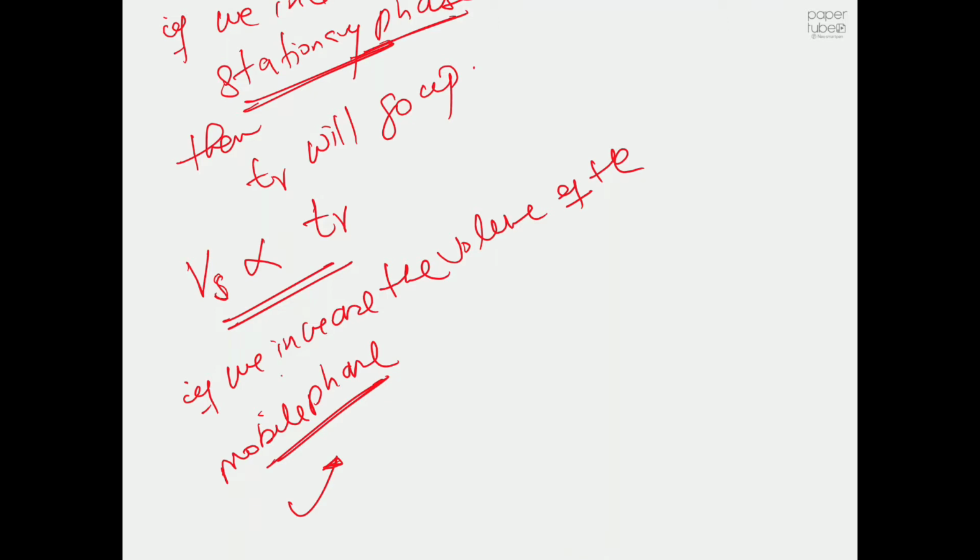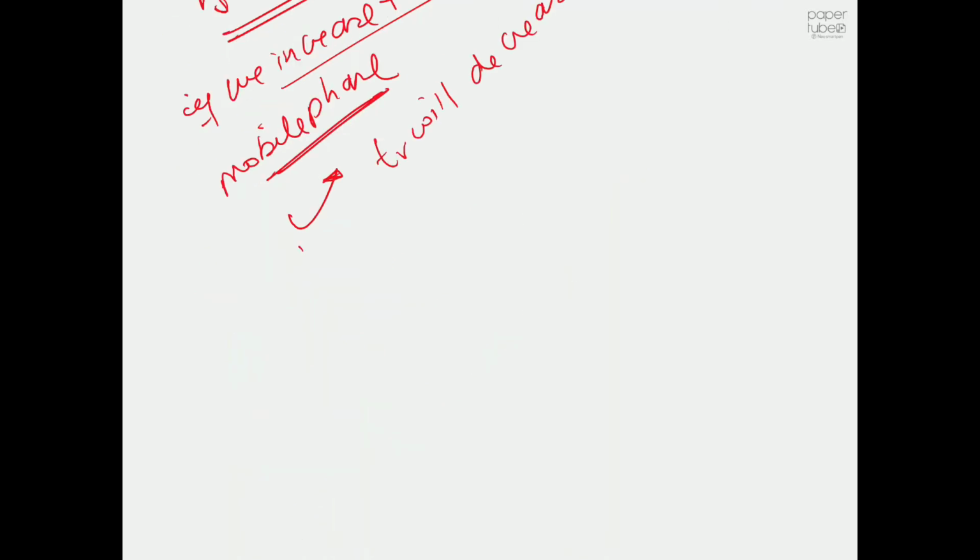So if we increase the mobile phase, the TR will decrease. This will give you a general idea: the volume of the mobile phase is inversely proportional to your retention time.